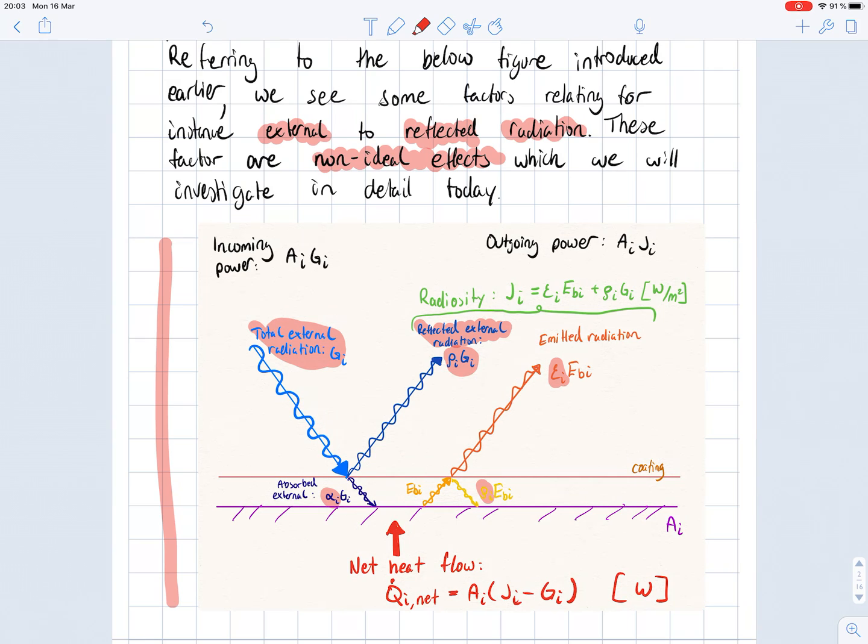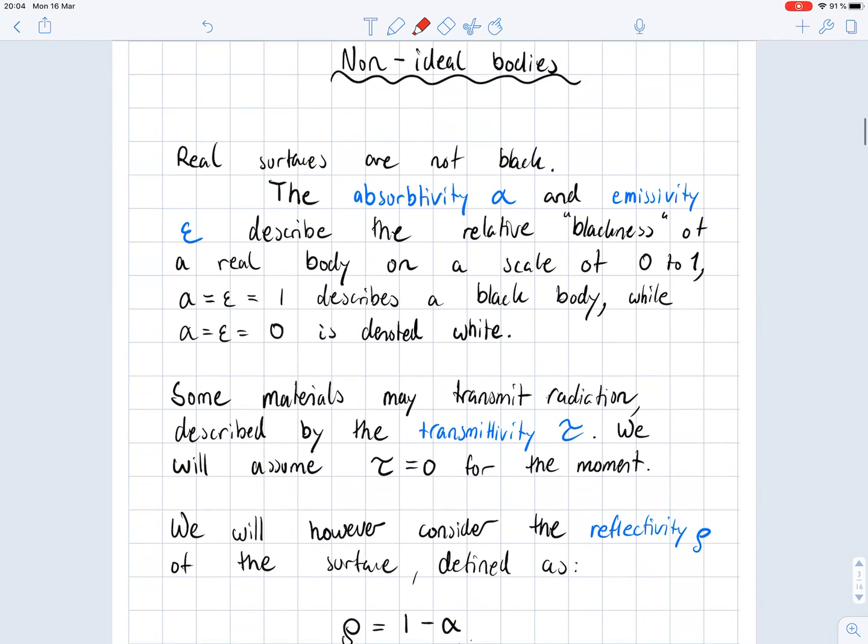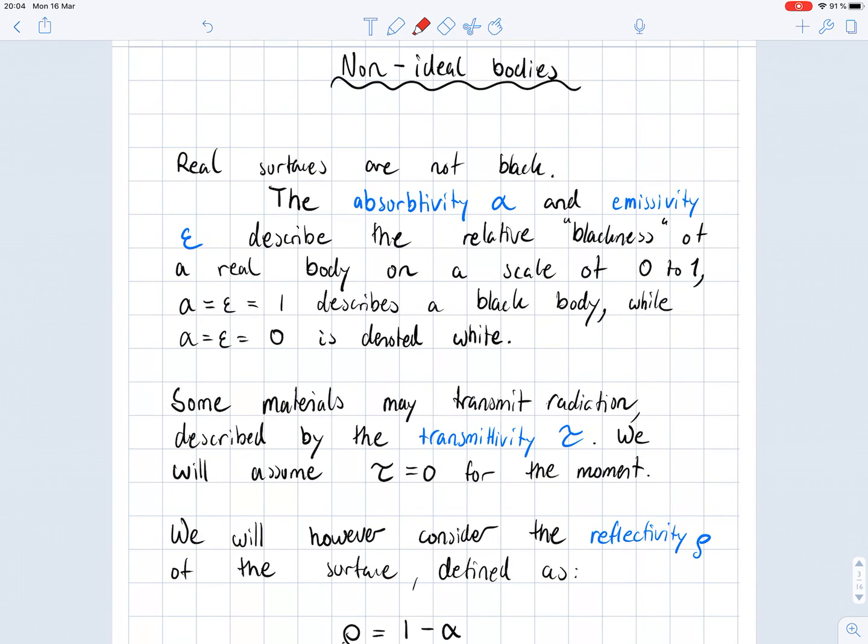So we have a sort of internal mirror effect of the surface for radiation trying to leave the surface. So that's the topics for today. And we start with the non-ideal bodies.